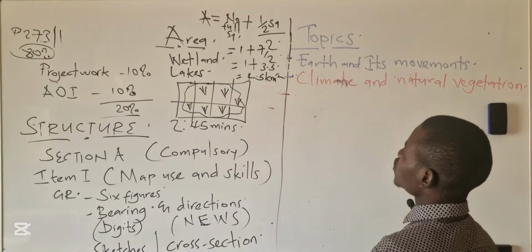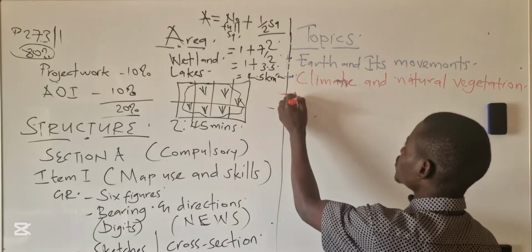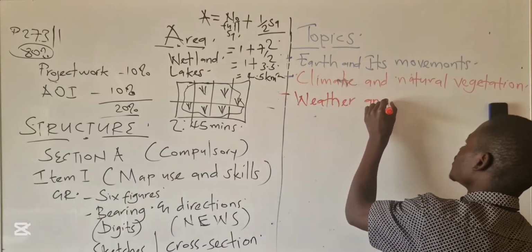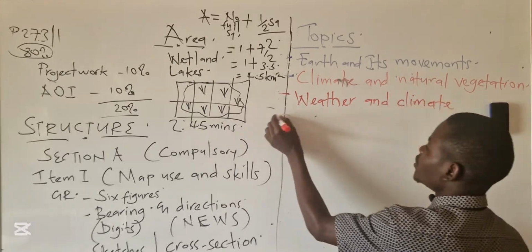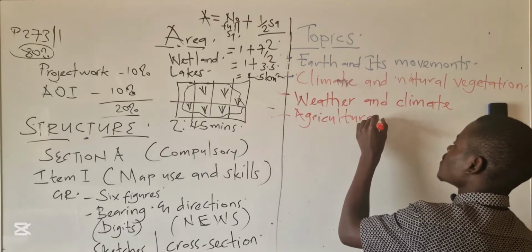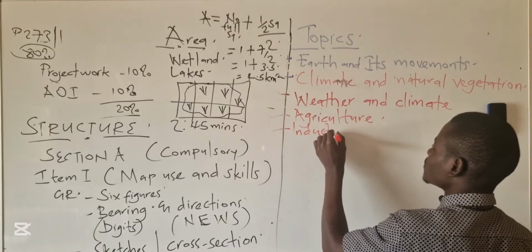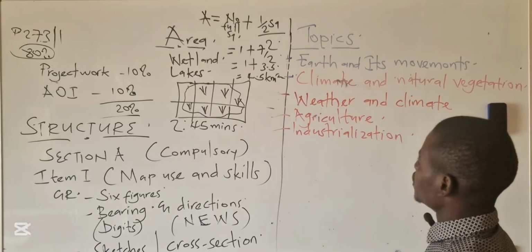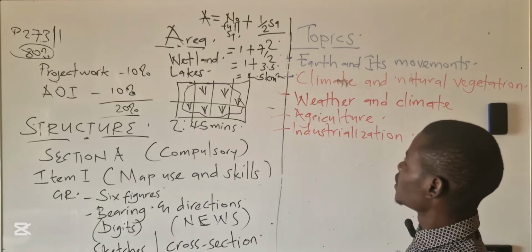Then there is also weather and climate, topics like agriculture, topics like industrialization. All these topics are important in as far as map work is concerned.